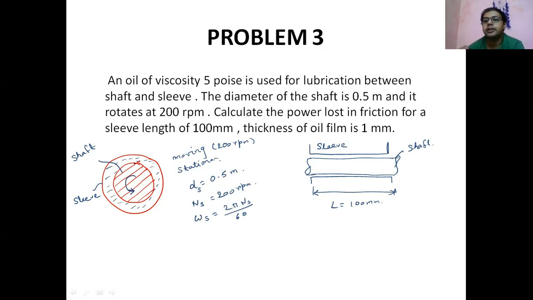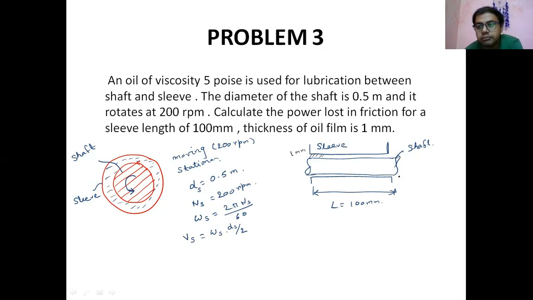If you take a point on the circumference of the shaft, the linear velocity is omega into r, where r is Ds by 2. That's the linear velocity. And the gap in between, the oil film gap here, is 1 mm.